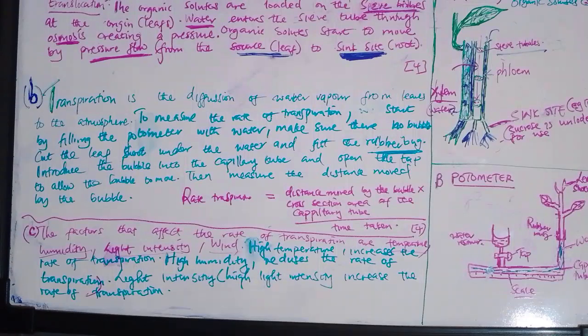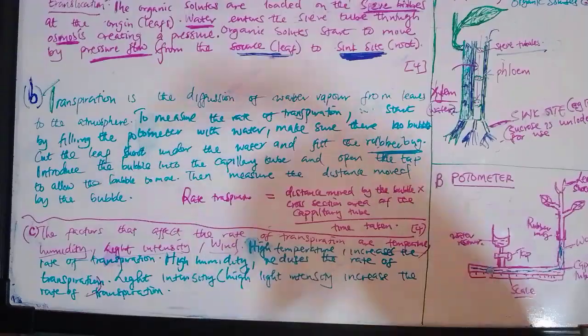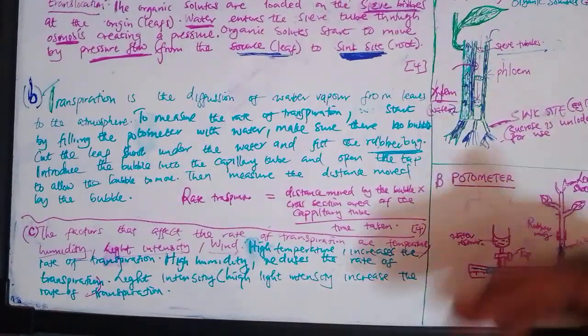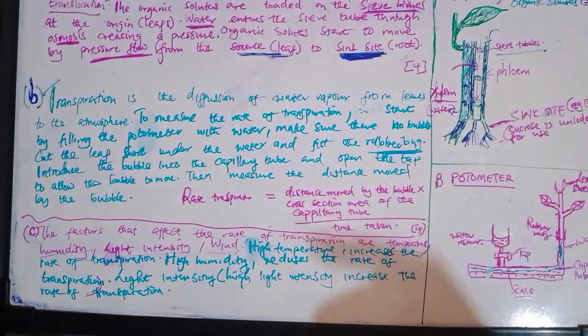Then the final factor is wind. Wind is moving air. On the surface of the leaf we have water vapor, and it is that water vapor which evaporates in the process of transpiration. So if there is wind, that water vapor will be blown away, therefore increasing the rate of transpiration.